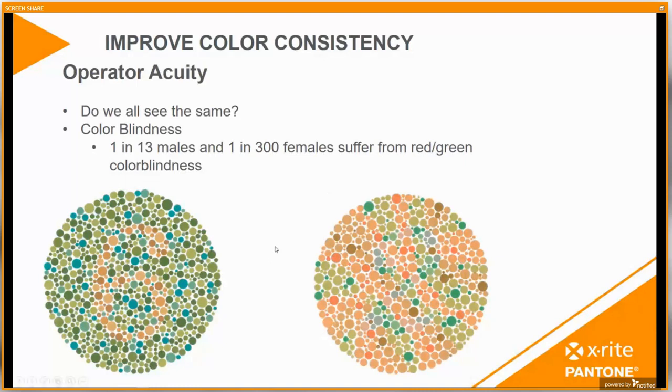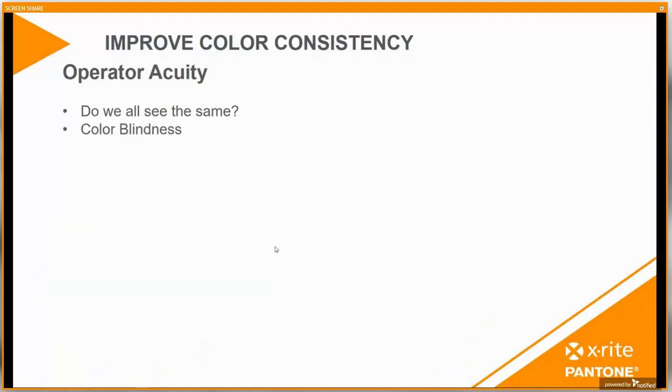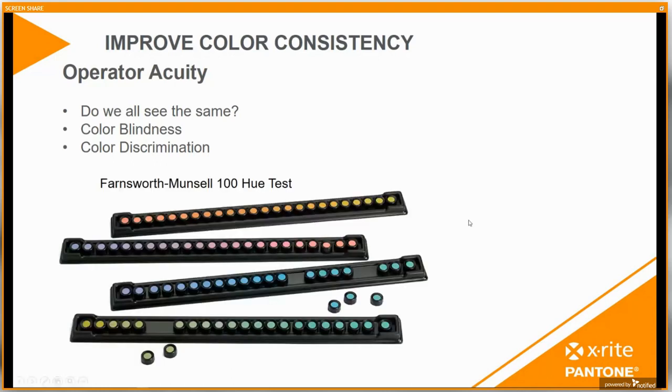But beyond that, we really want to know about color discrimination. If you're going to have people making go, no-go decisions on products based on visual assessment, it's really critical that you use something like this, the Farnsworth-Munsell 100 hue test. The way this works is that on each of these trays, the little colored caps on either end are locked in place, and the rest of them are all removable.